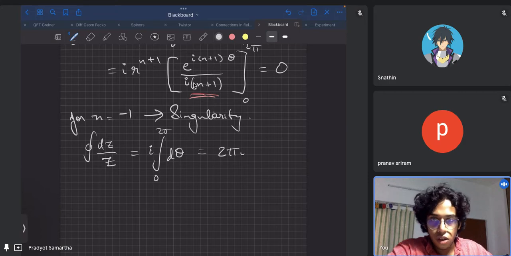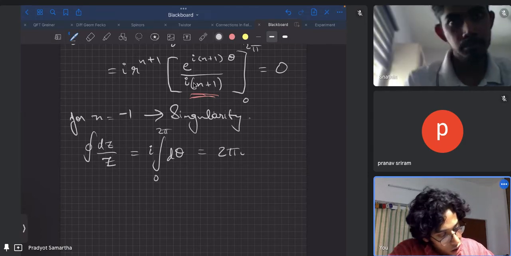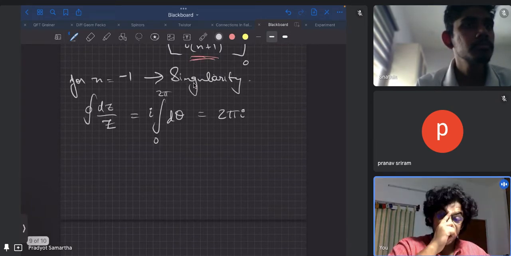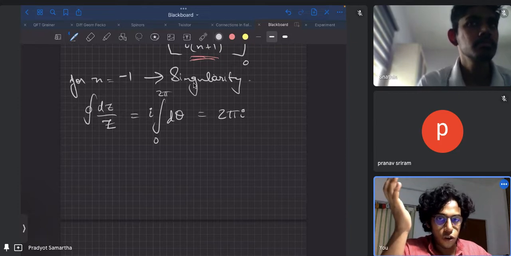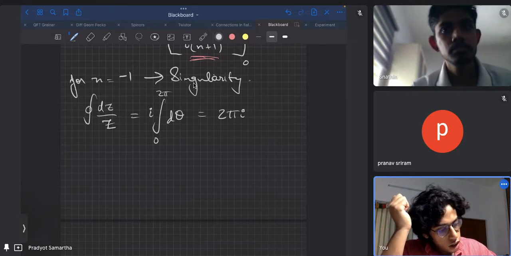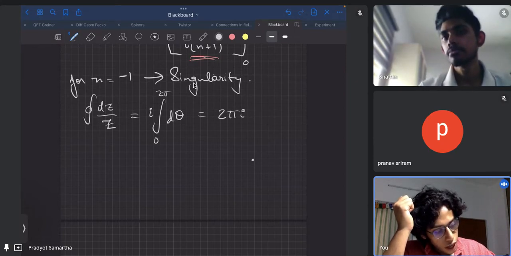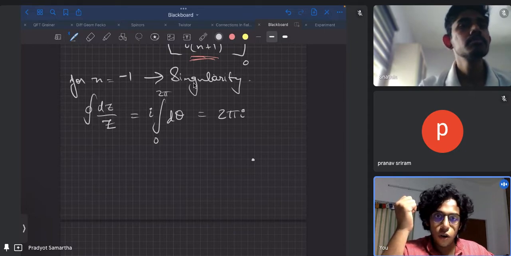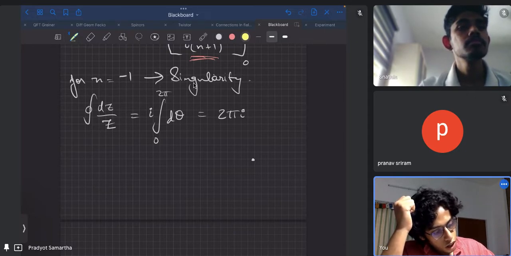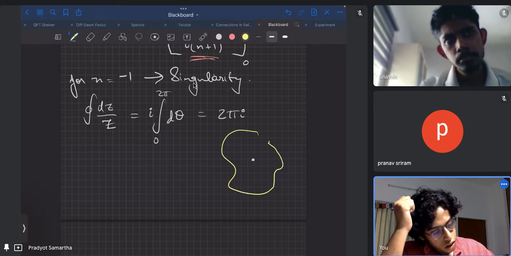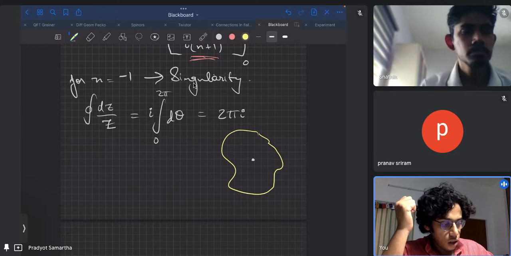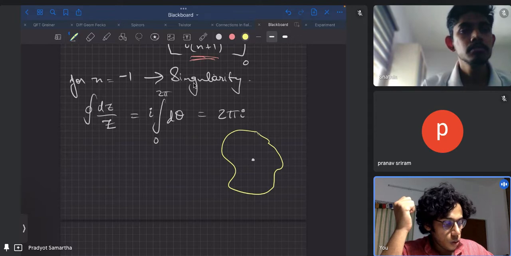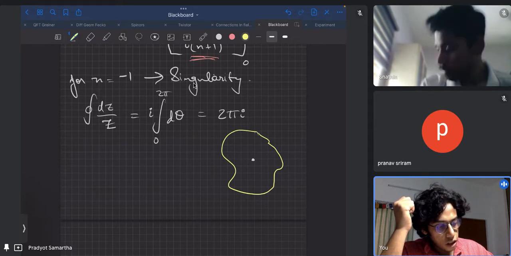You can actually work this out, but the idea here is mathematically really beautiful. Whenever you have a singularity, if you have a region here and a contour that is singular at a point, then what you do is you break the contour.